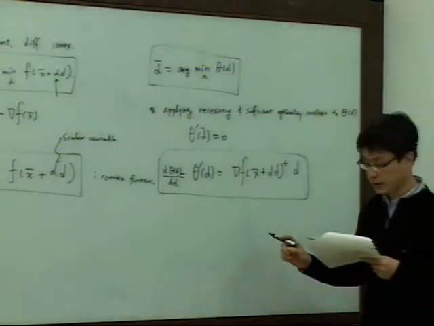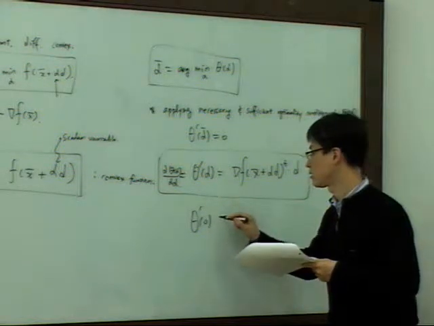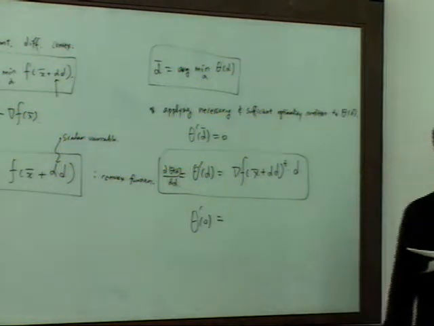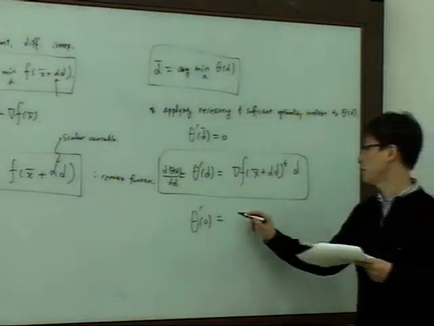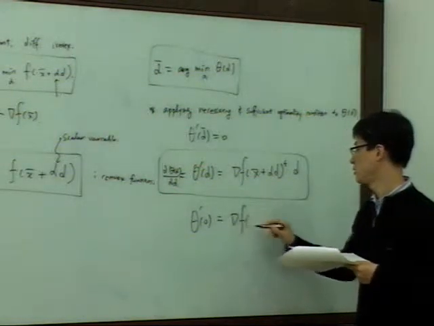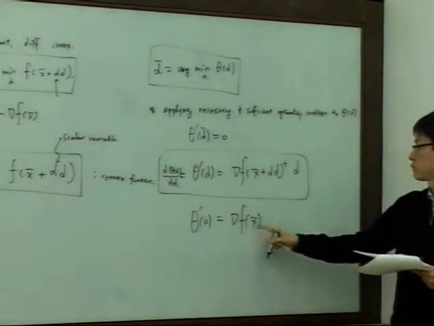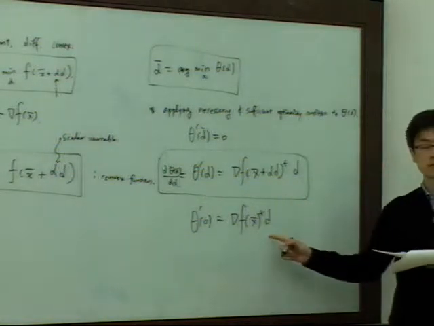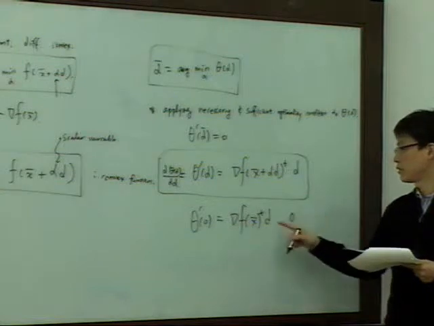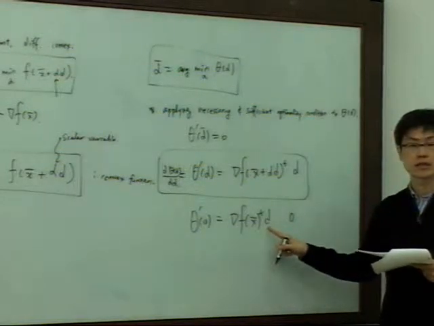Okay. And how about this? When alpha is 0, because alpha is 0, is it greater than 0 or equal to 0 or less than 0, knowing that E is a descending direction?